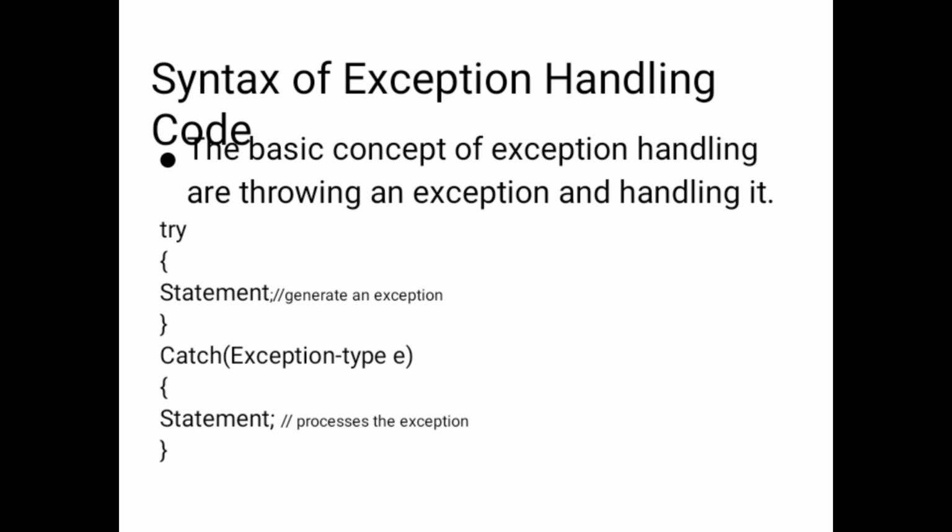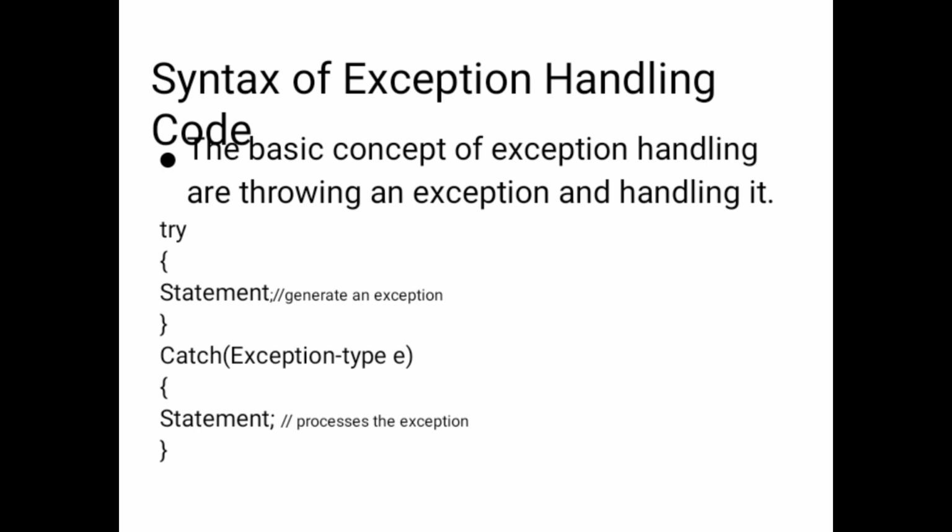Now, how to handle the exceptions and the syntax of exception handling. Java uses a keyword try to preface a block of code that is likely to cause an error condition and throw an exception.